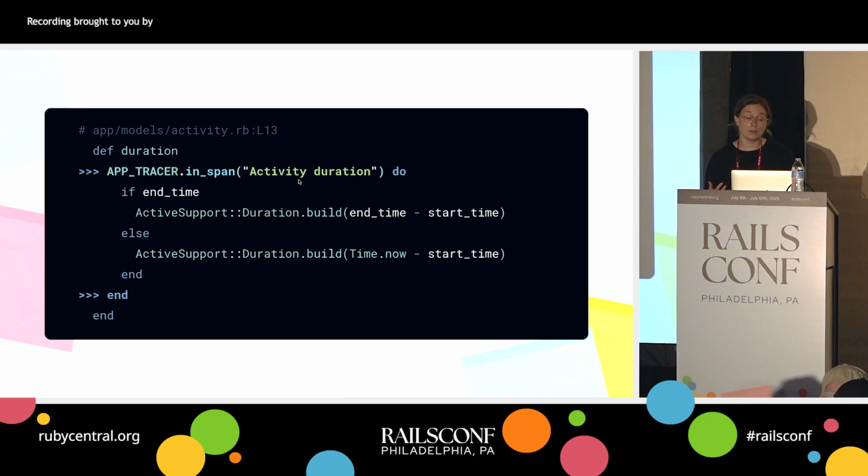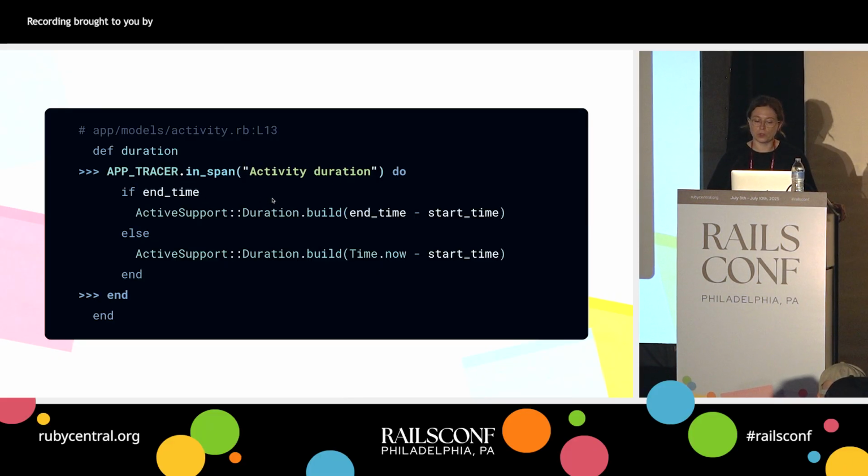Since it is a custom span and custom instrumentation, you have choice over what that name looks like. Since the queries that we looked at earlier are usually like model name query, I thought activity duration could be a good name here.